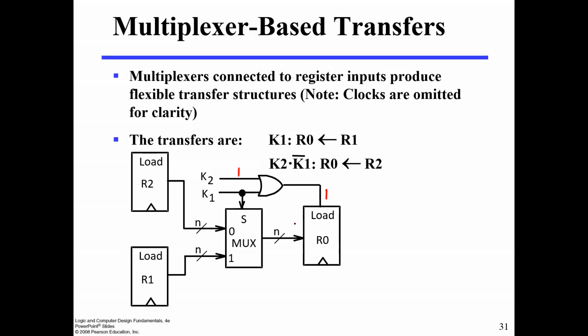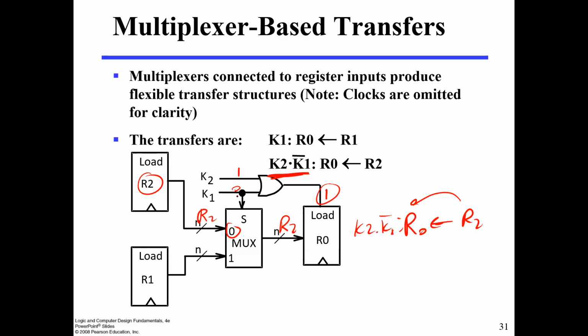What's the value I'm loading? We need to look at this multiplexer. k1 equals 0, so I will choose this input, which is reading from R2. So this will be R2, and load is 1. So I will load the value of R2 into R0 if I have this combination, k2 and k1 bar.